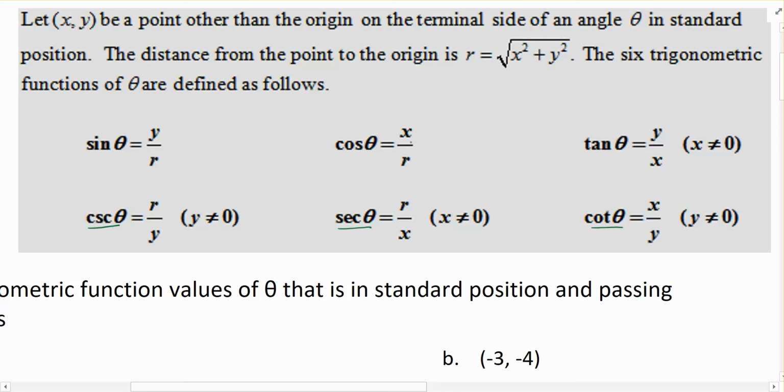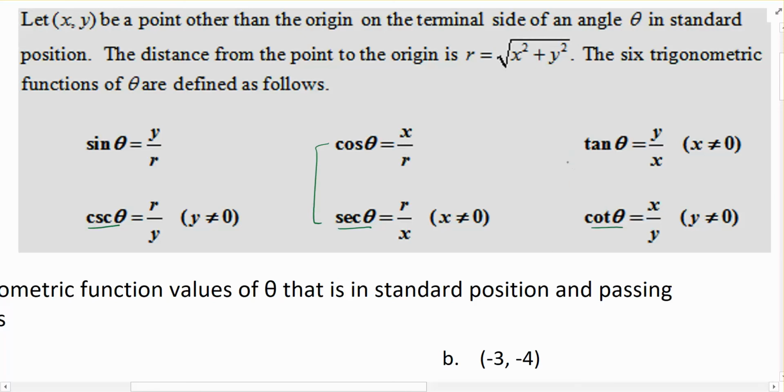We have a similar relationship when we want to talk about cosine and secant. Cosine is x over r, and secant is r over x. And finally, we have the same type of relationship down here with tangent and cotangent, in that they are reciprocals of each other.